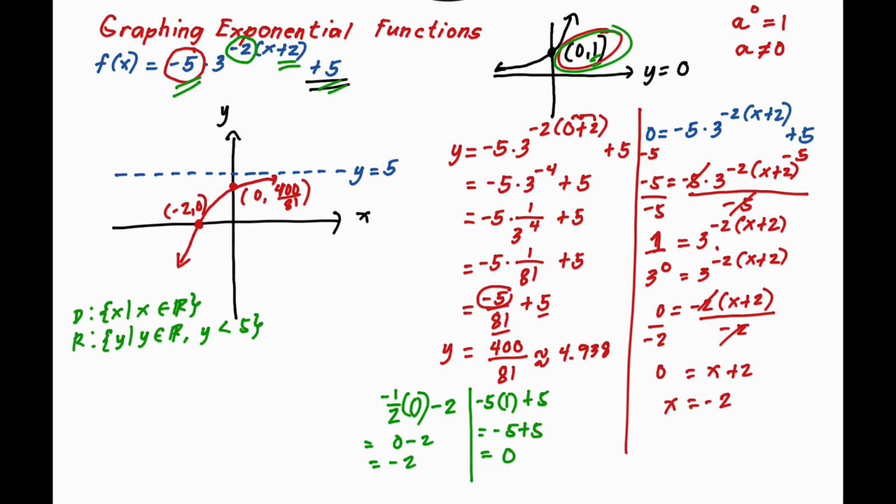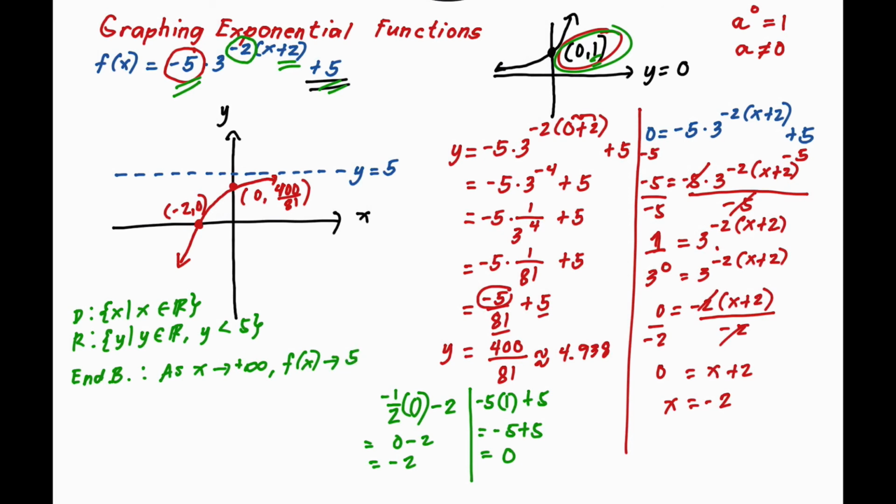As for the end behaviors, as x approaches infinity, look at the graph. The graph is approaching positive 5, right? So f of x approaches 5.